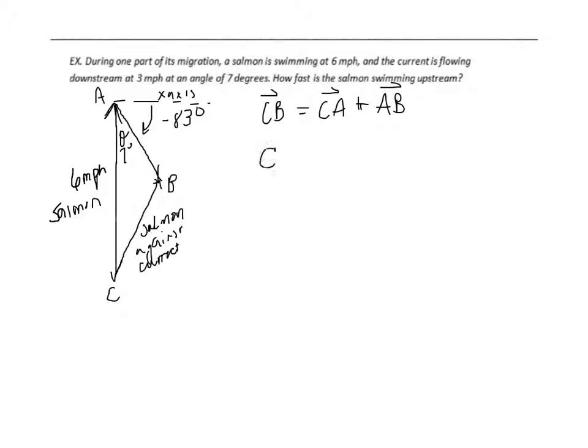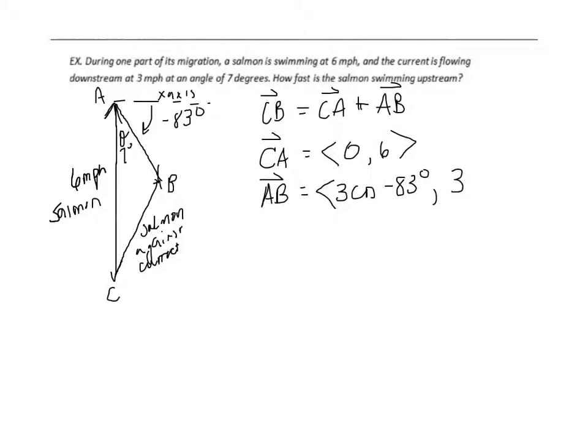I know that the CA vector, if I write the component form, will be 0, 6. Okay, and then I know that the AB vector is going to be 3 cosine of negative 83 degrees, 3 sine of negative 83 degrees.